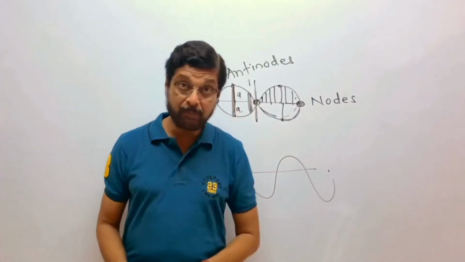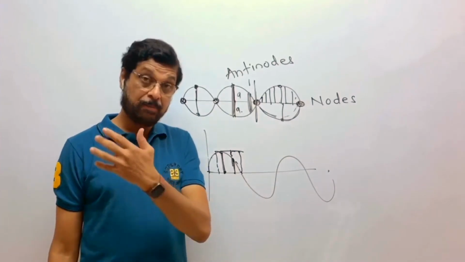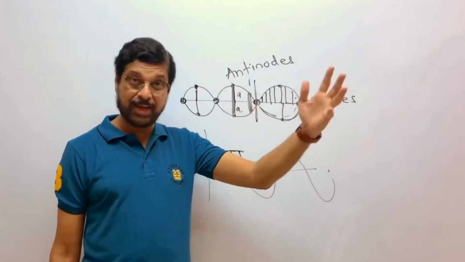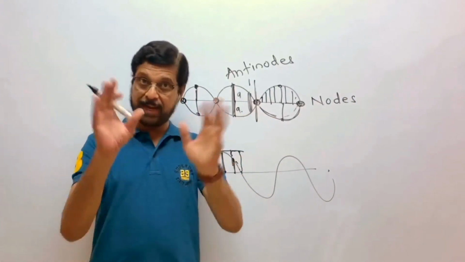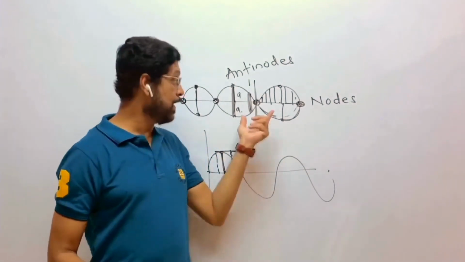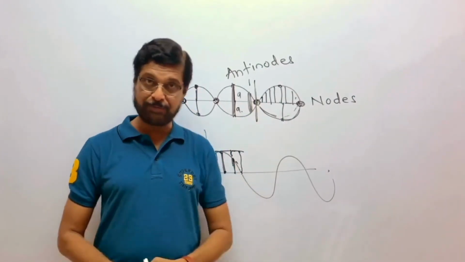So number one, progressive wave is progressive. It always moves forward. It carries the energy, energy is transferred. Stationary wave is standing. It is neither moving forward nor backward. Means energy is localized. Energy is not transferred. First point of difference.